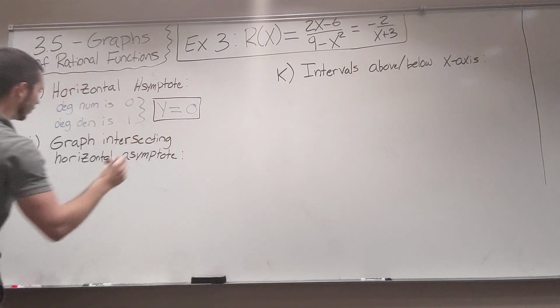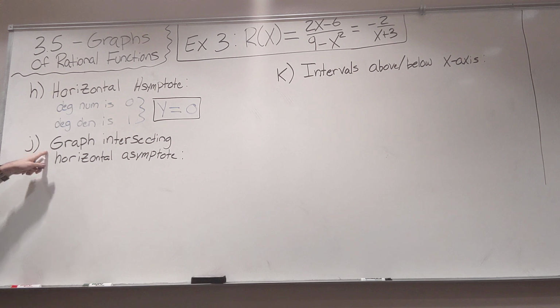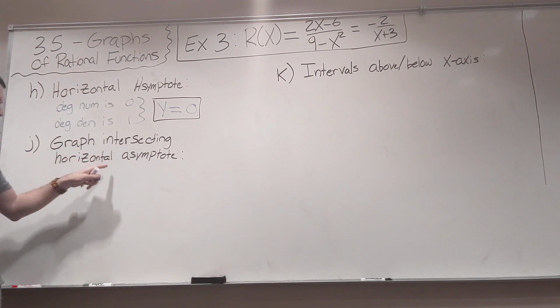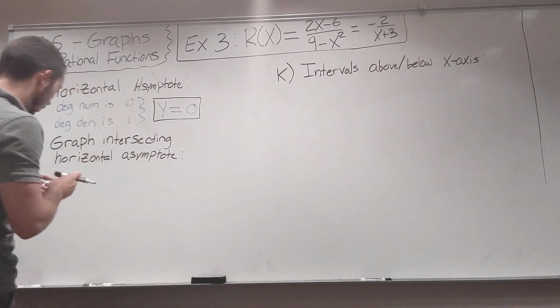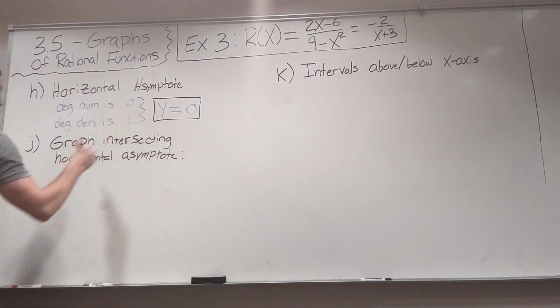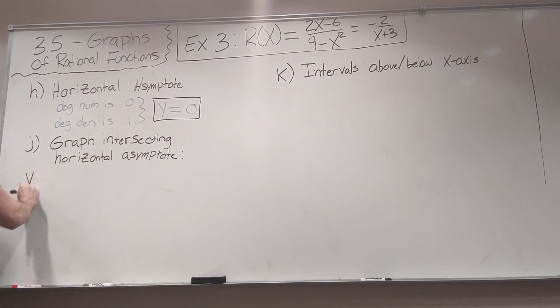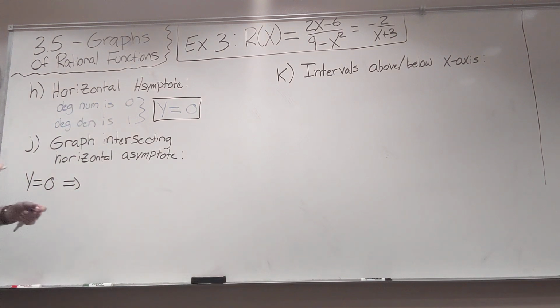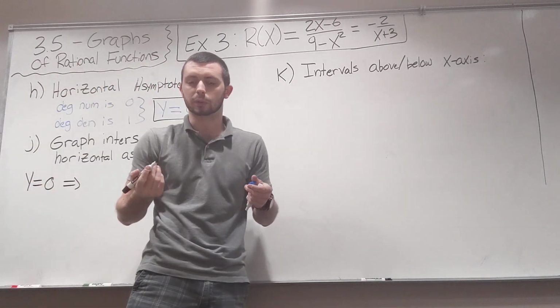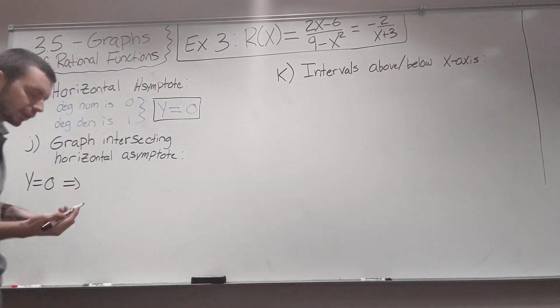And now we move on to: where does the graph intersect the horizontal asymptote, if anywhere? The horizontal asymptote is y equals 0, so that implies that we're setting the whole function equal to 0. And we actually did this already.